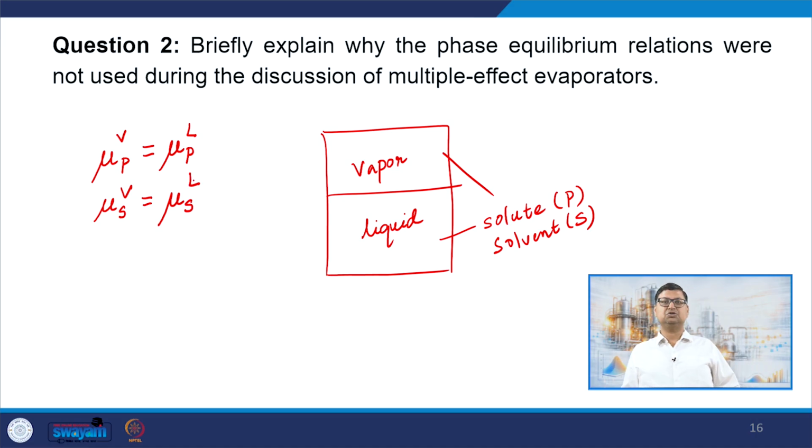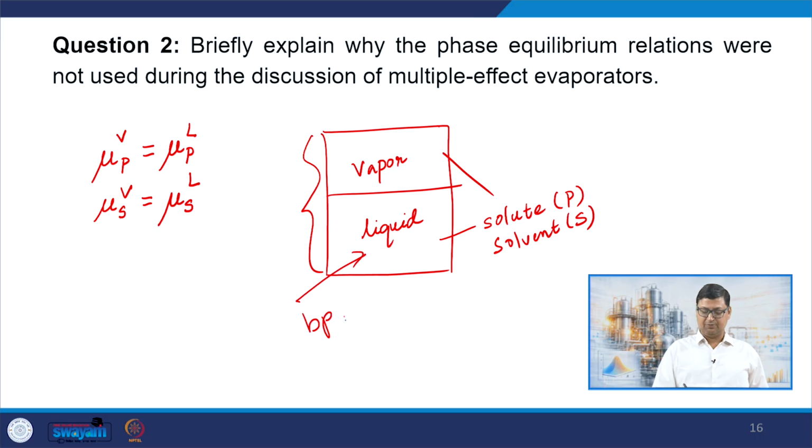So in reality, this is true. But we have assumed here for ease of calculations, and also practically because the solute is assumed to be non-volatile, that there is absolutely no solute in the vapor phase. That is the first assumption we have made. The second assumption is that the boiling point of the liquid present here is unaffected by the presence of solute.